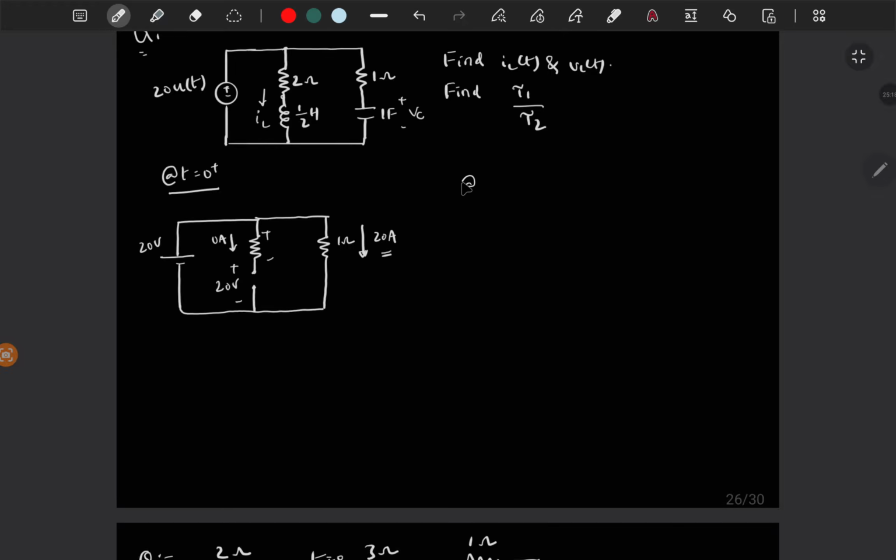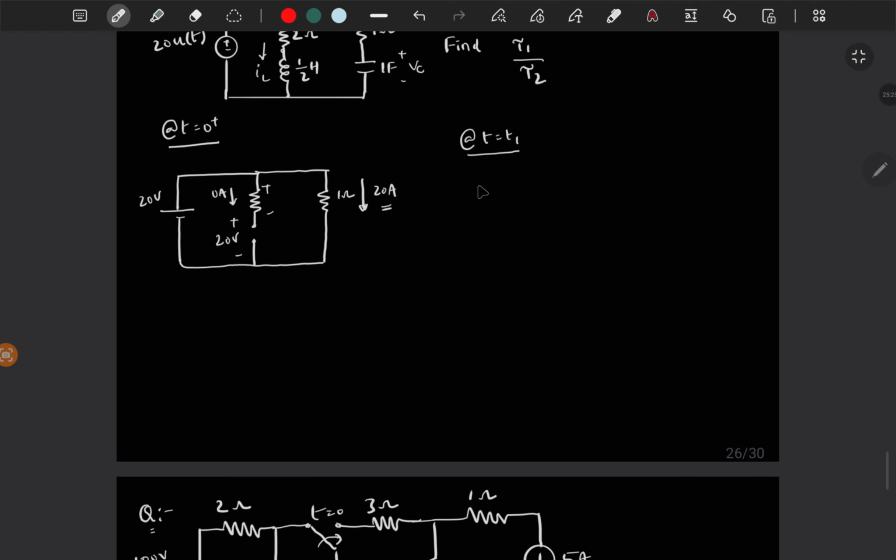So let's say at some time t is equal to t1, the capacitor is charged to 1 volt and the inductor is charged to 1 amp, let's say. So let's say this is 1 volt and this is some current at t is equal to t1.